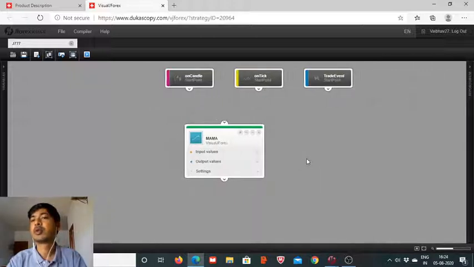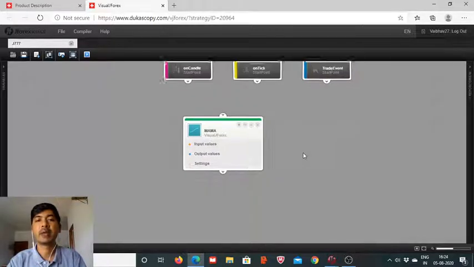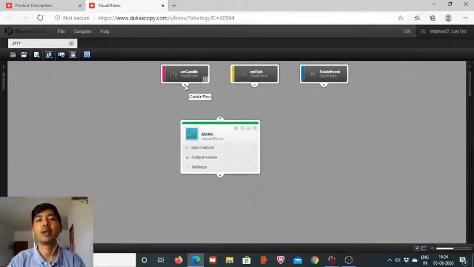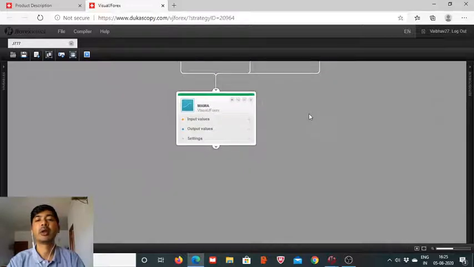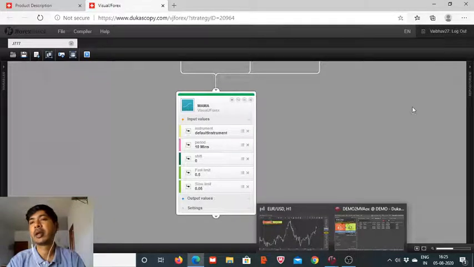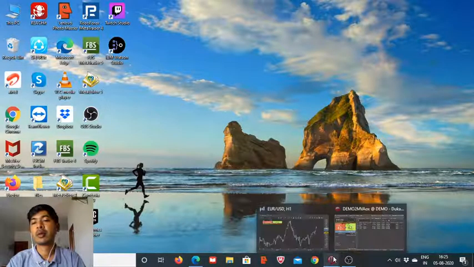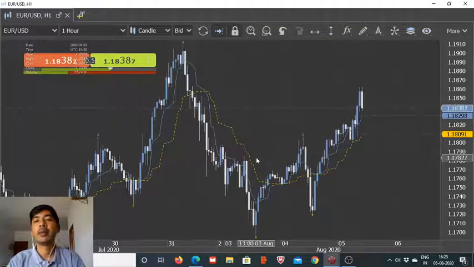This is the Visual JForex board developed by the Dukascopy Bank SA, so that we can use this platform to build the automated trading algorithms and then run them on the JForex platform, and it will trade on our behalf just the way we wish after we design and implement this structure. We will also add this indicator on the JForex platform. Okay, so here is the chart for the MAMA.